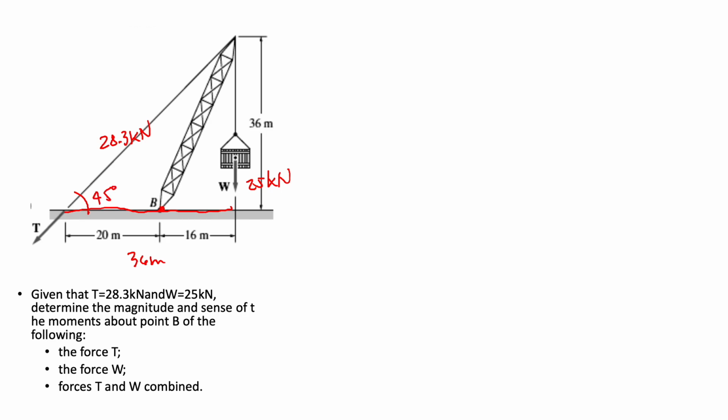And we can get the length of B using D is equal to the square root of 36 squared plus the distance here. Since we're looking for this, and we are given 36 and 16, so 16 squared, that is 39.4 meters.